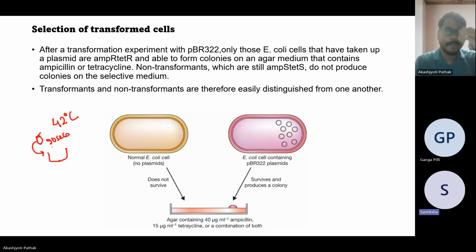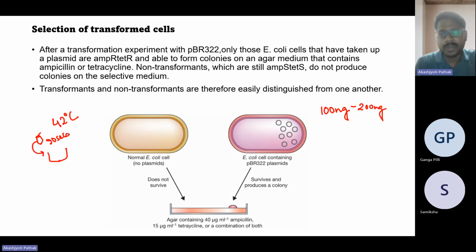Before giving the 42 degrees Celsius heat shock, we add the plasmid to the competent cells in the microcentrifuge tube, these Eppendorf tubes, if you have ever seen them. Around 100 to 200 nanogram of plasmid is required for transformation.